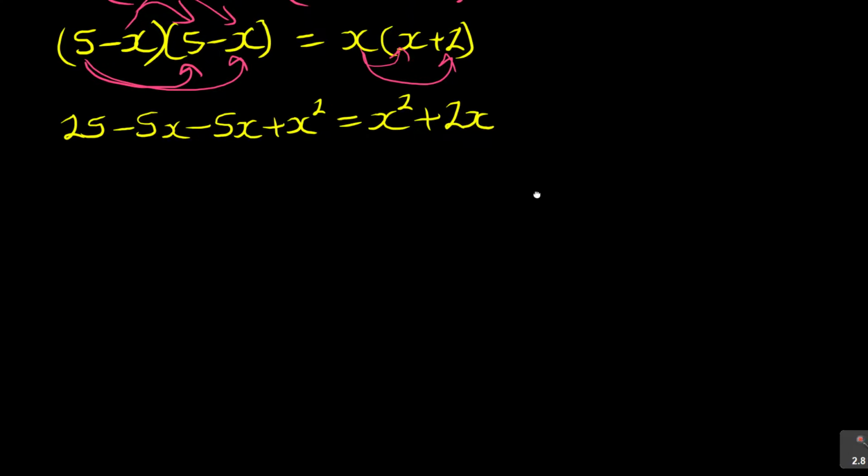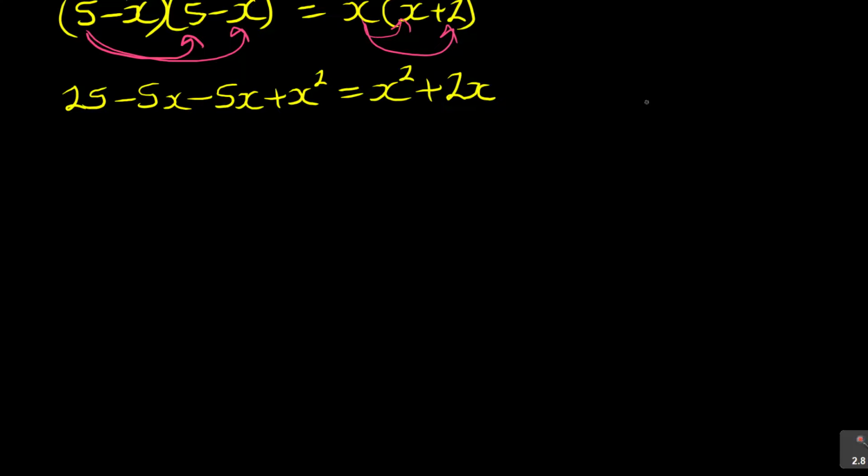The next part that we need to do is to simplify this, collect like terms and bring them closer together. So here we have got what? 25 minus 5 is negative 10x. You can use a calculator. Minus 5x is common here. You can add it up. And then bring this also there, which is negative 2x. Then plus x squared.